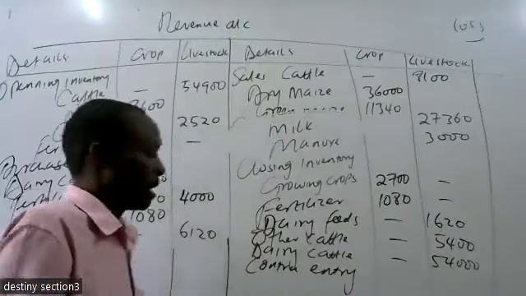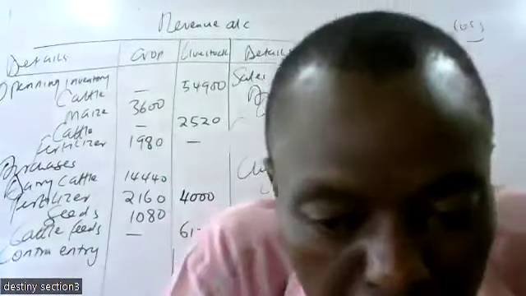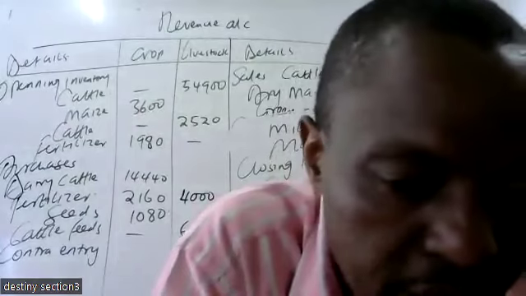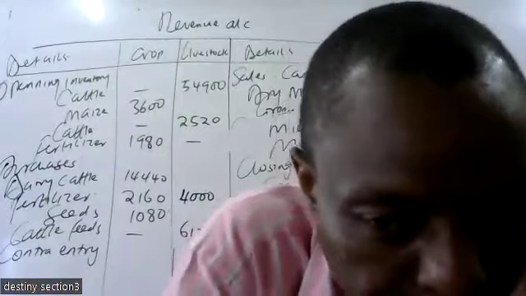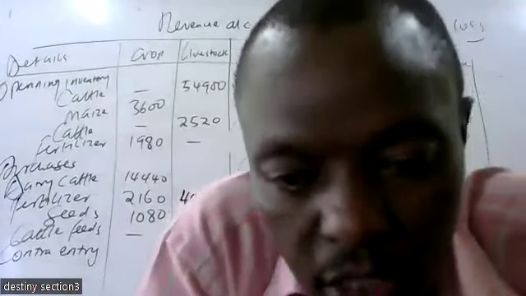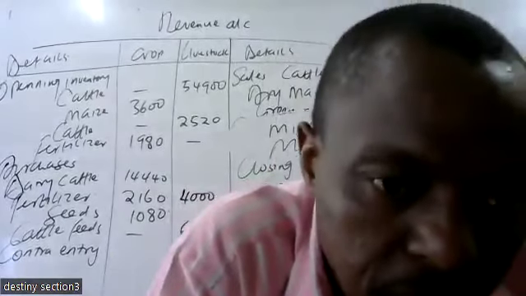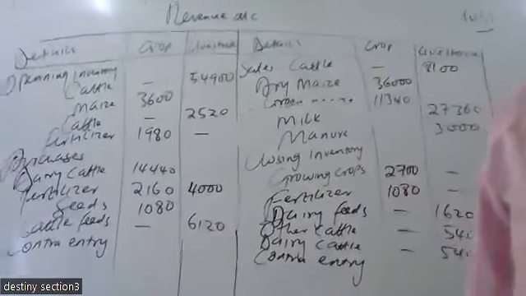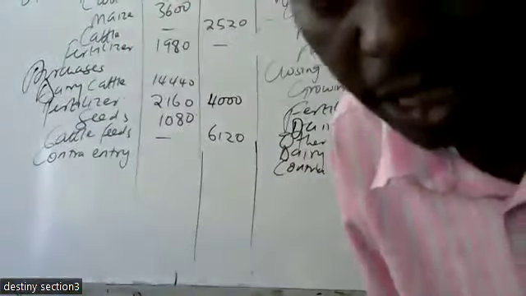What is the value of contra entry for maize stock? $1,500.